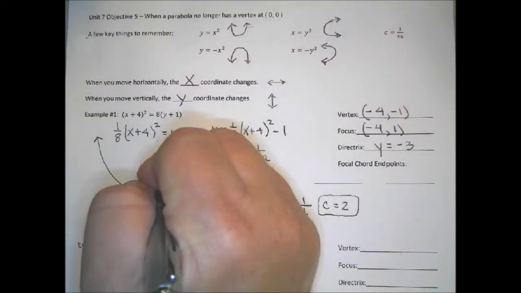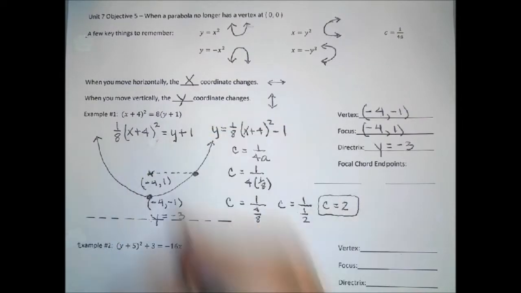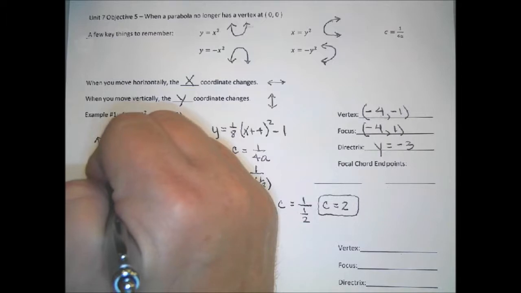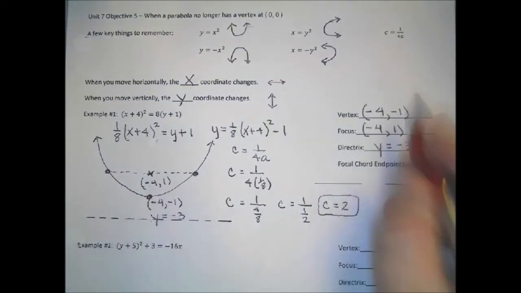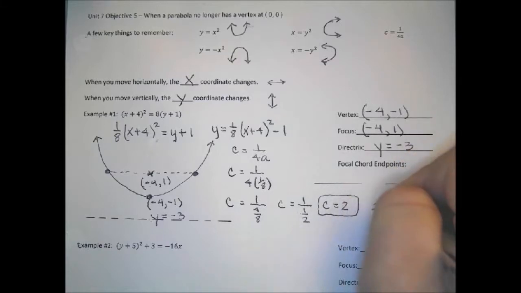So from the focus, I'm going to go out this way, and I'm going to go out that way. And that relationship is 2c. So if c equals 2, then 2c must equal 4.